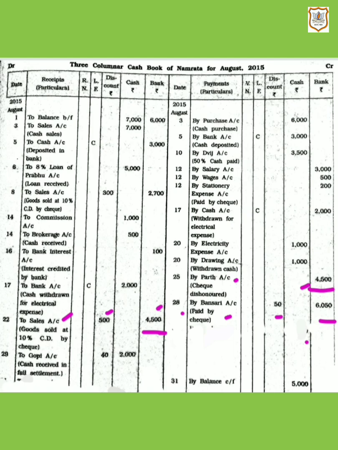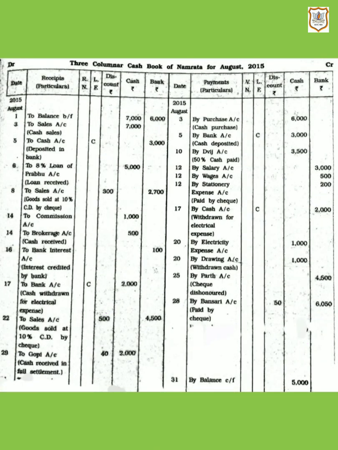Now, date 29th. Gopi has paid rupees 2,000 by cash in full settlement of the debt of rupees 2,040. That means at the time of final settlement, Gopi has paid us rupees 2,000, but our receivable was 2,040. That means the differential amount, that is 40 rupees, is allowance given.